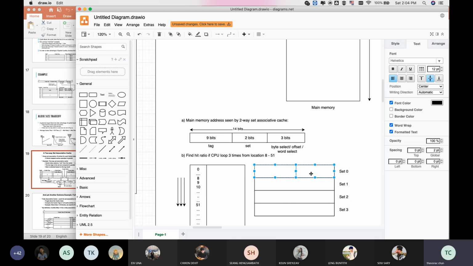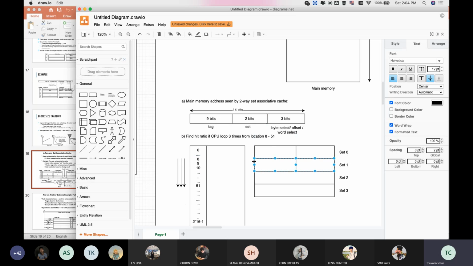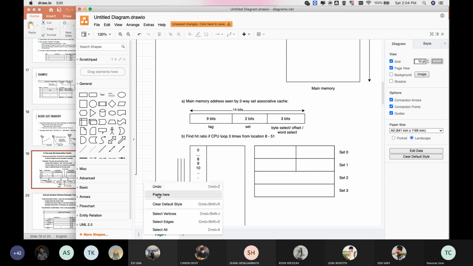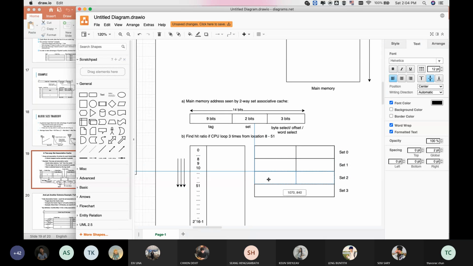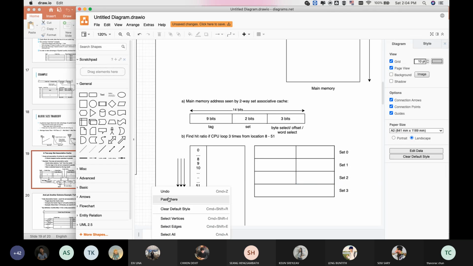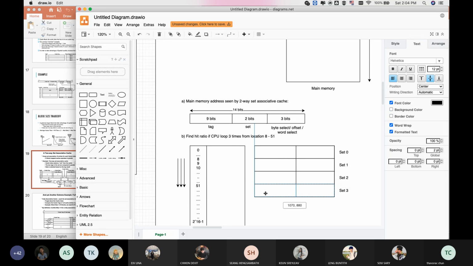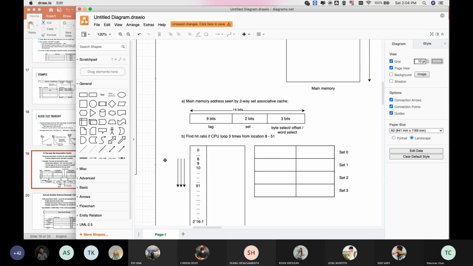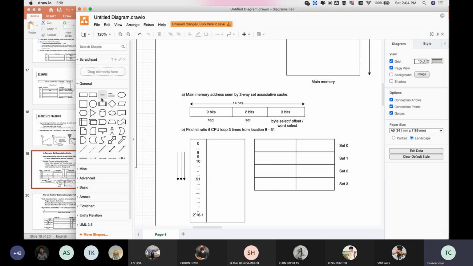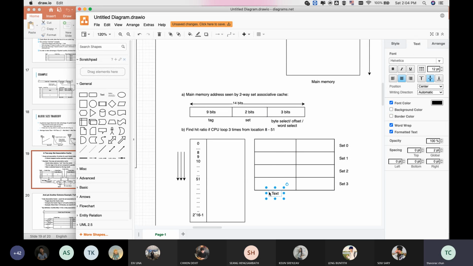And I need to copy like this because each set has its own blocks. This, like this, all right? And here is block 0.